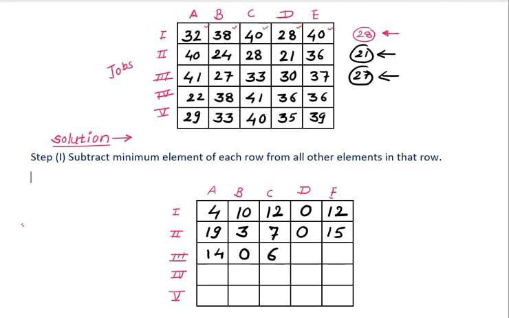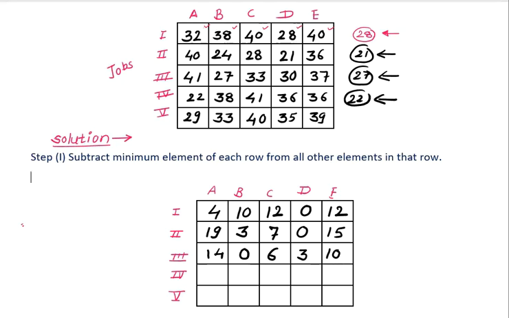Then 30 minus 27 is 3. 37 minus 27 is 10. Now the smallest number in the fourth row is 22. So subtract 22 from all the entries in the fourth row.